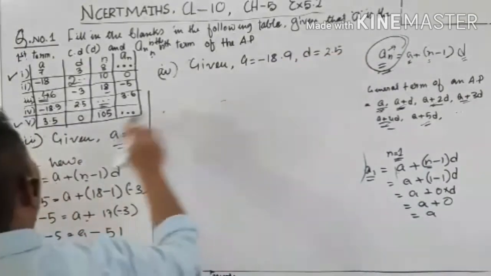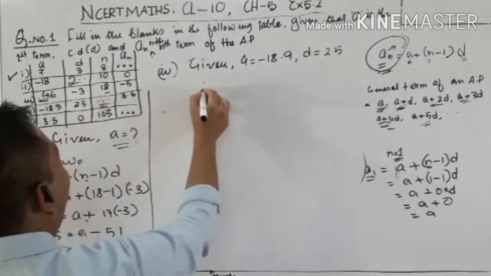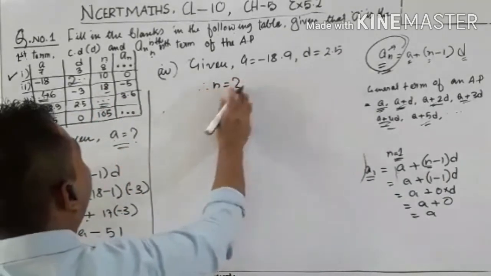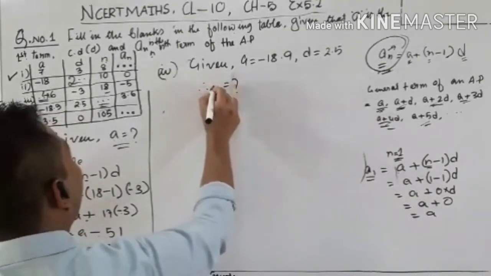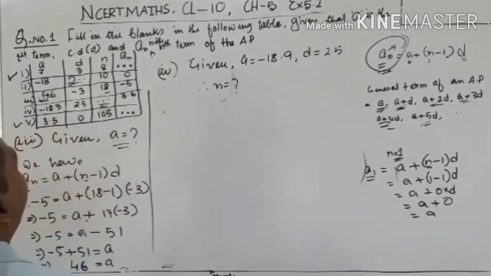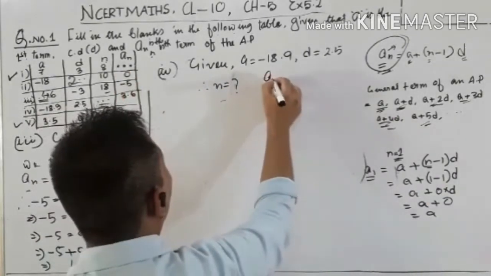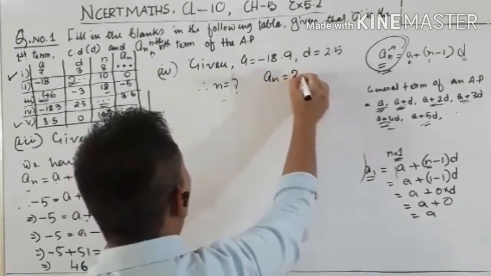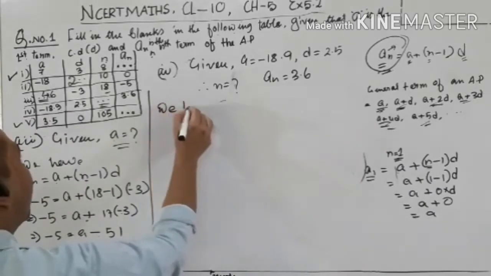And then what is given? n is not given. Therefore n equals question mark, right? And what is given? Any more? Yes, the nth term is given. a_n equals 3.6. Then you write, we have the same formula.